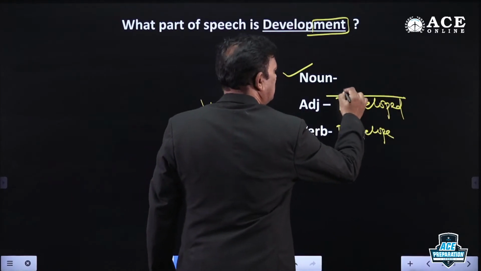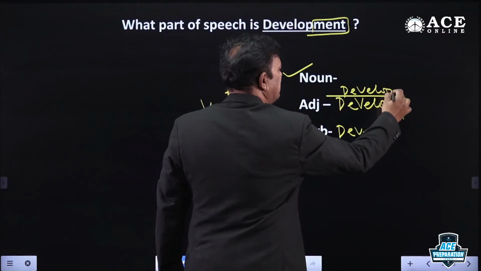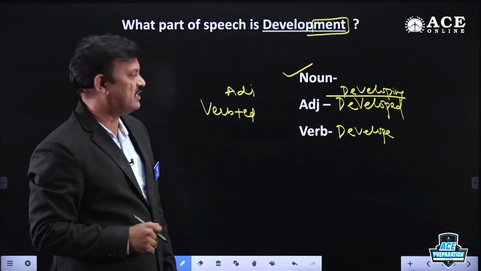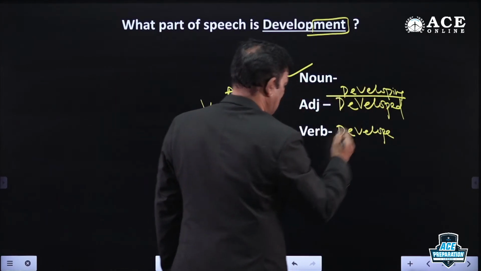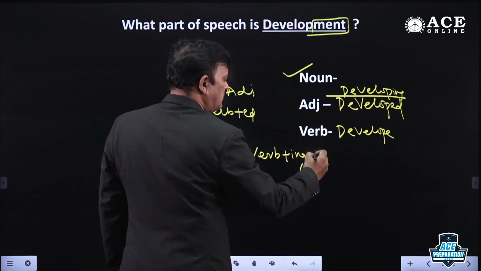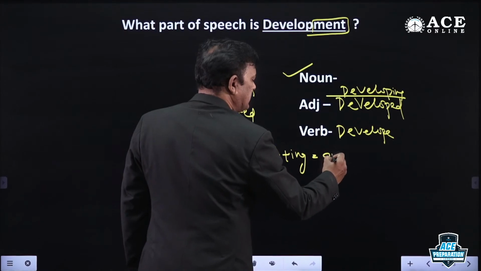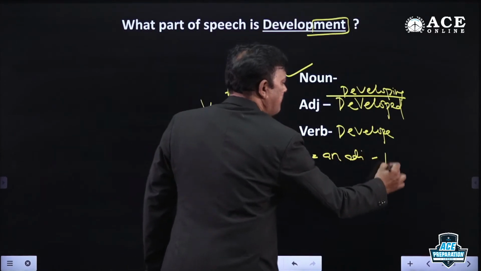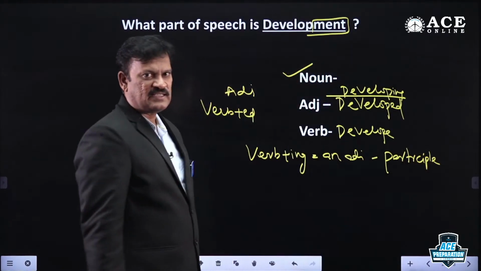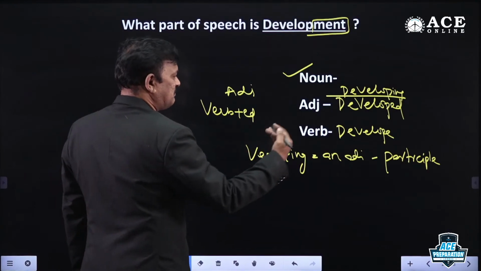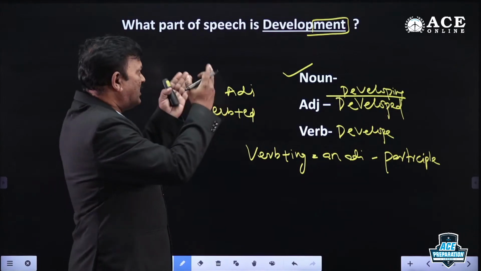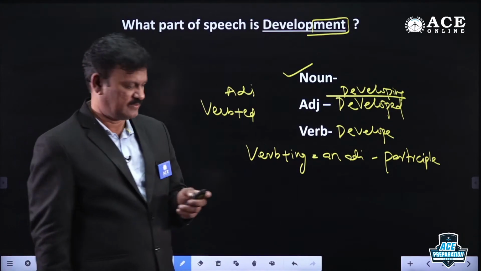You also have the ing form of the verb. I mentioned the word which I postponed to a further session, that is participle. If the verb plus ing form is used as an adjective, that is called a participle. Guys, as I said, there is a separate session on participles, gerunds and infinitives. But here I am only giving you the requirement for identifying these parts of speech. Fine.